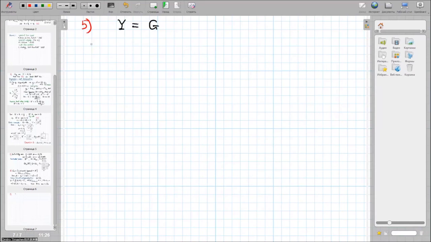But now we consider G as a homogeneous space for the bigger group, for the doubled group, G cross G, which acts on G in a natural way, so that the left factor acts by multiplication on the left, and the right factor acts by multiplication on the right. Left and right multiplication.